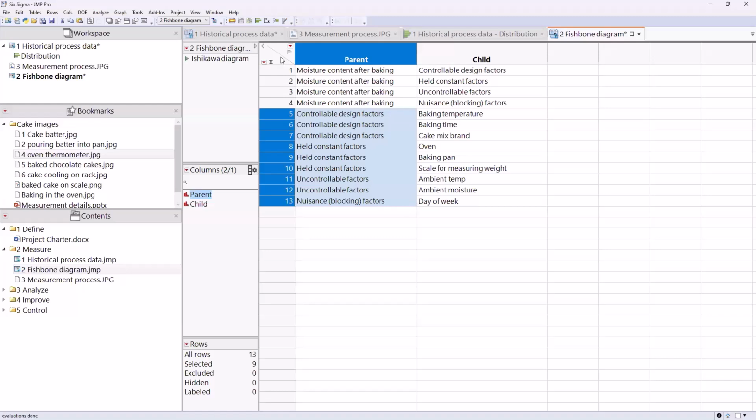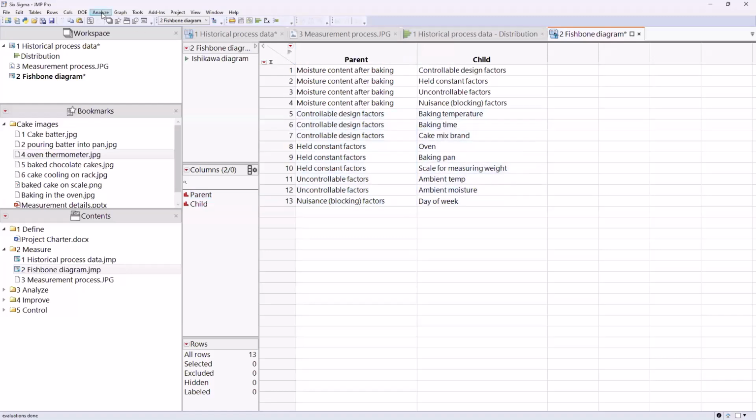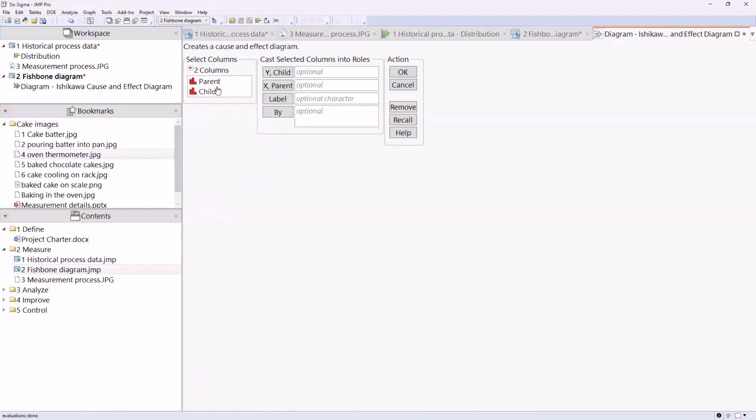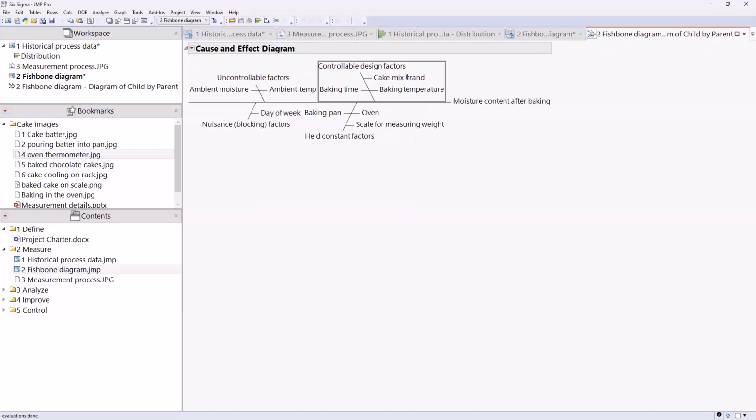With the data set up in this way, we can use the Analyze menu, Quality and Process, and the option called Diagram. We can generate a cause and effect diagram, or Ishikawa diagram, just by plugging in our columns, and there it is.